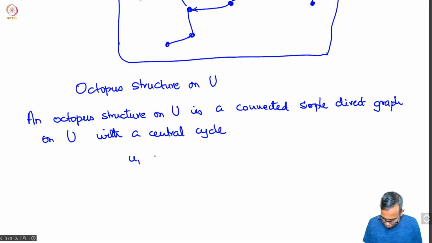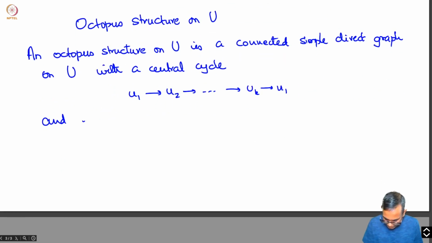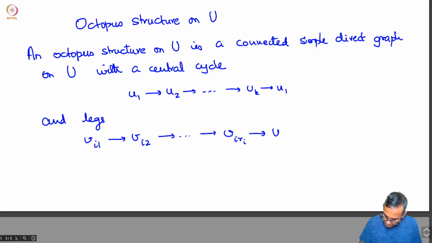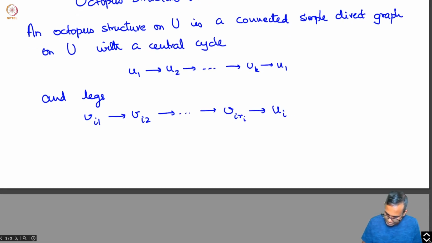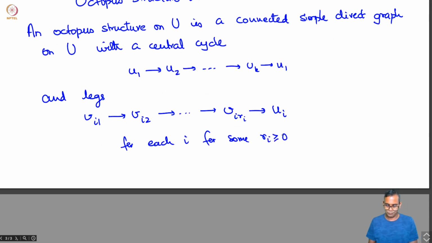Maybe I'll call it U1, U2, ..., UK, back to U1, and a series of legs V_i1, V_i2, ..., V_iRi, and then it joins the body somewhere, let's say at U_i, for each i, for some Ri greater than or equal to 0.